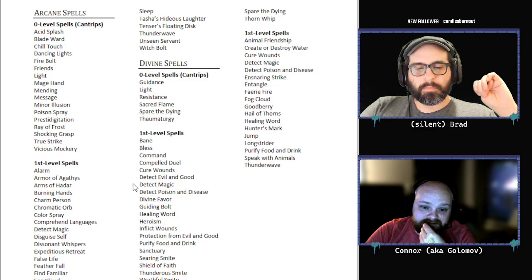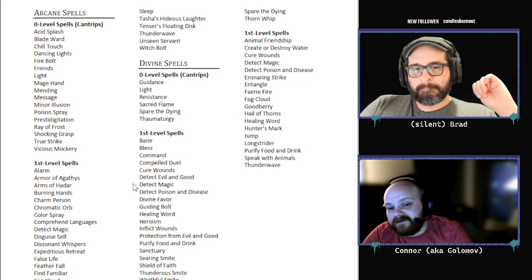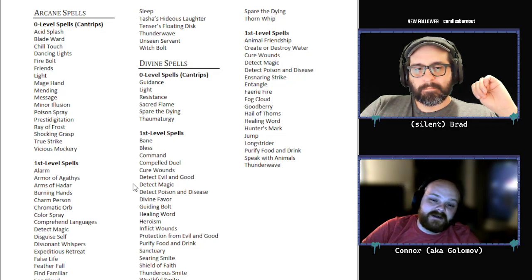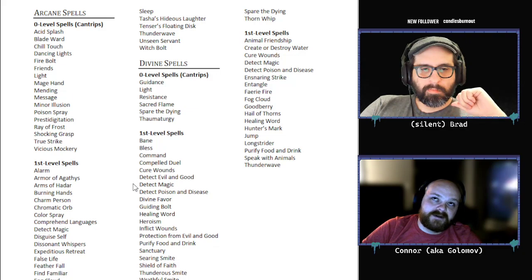Honestly, I could see them just transitioning Bard into Divine spells. I think Bard should be intended as a support class.